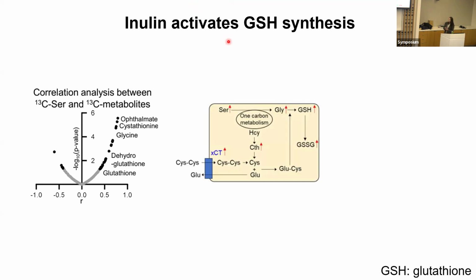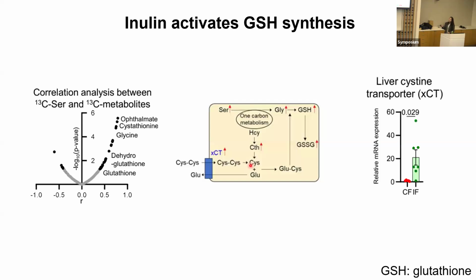And not only serine or glycine, the building blocks of glutathione, the cysteine is also important to synthesize glutathione. And we found a highly increased liver cysteine transporter.